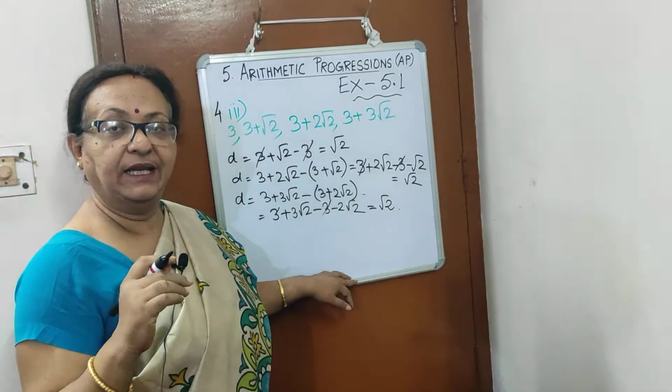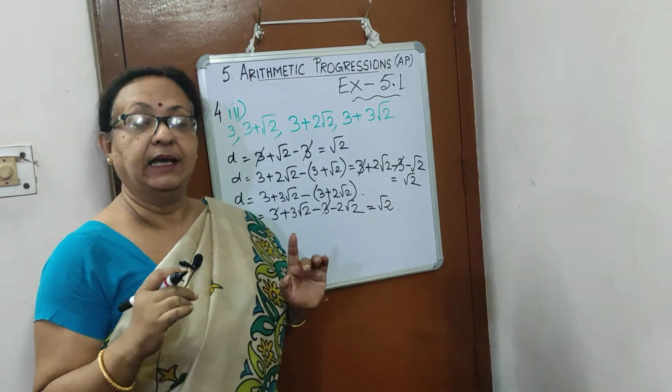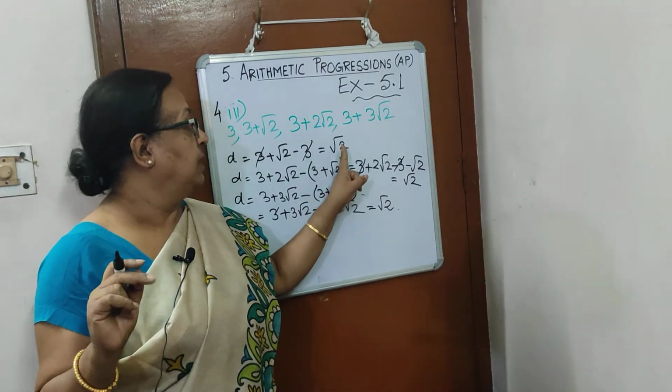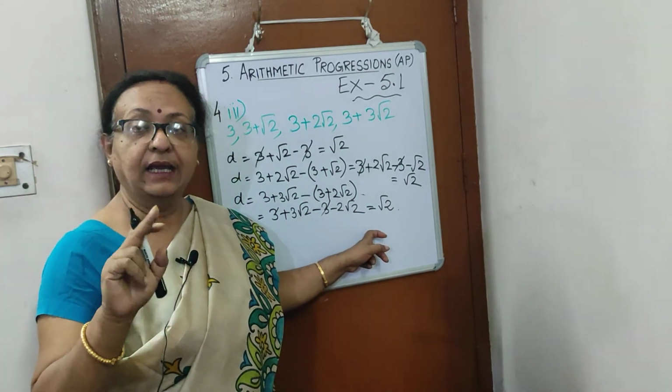So what we find here, children, is the common difference same? Is it constant? Yes, it is constant, root 2, root 2, root 2. Therefore, it is an AP.